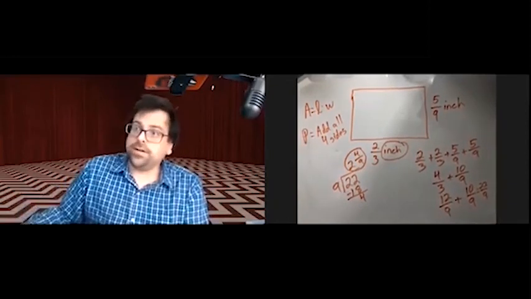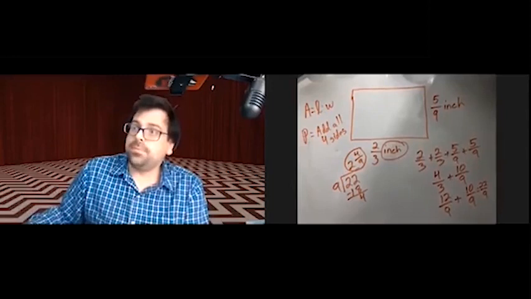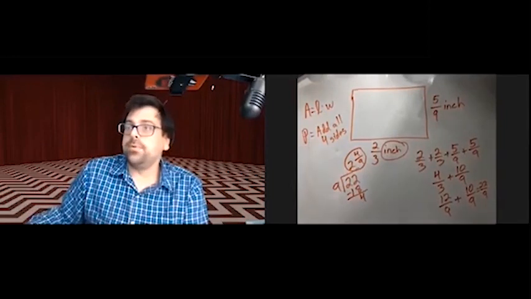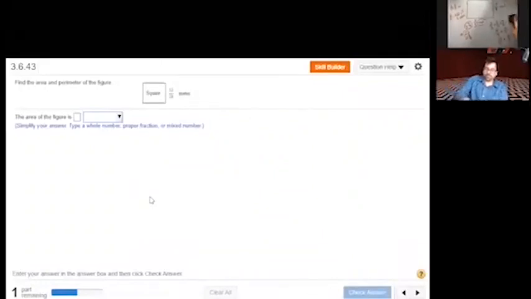For our next figure, it's going to be the same type of problem, area and perimeter. We have a square. Square, all four sides are the same.